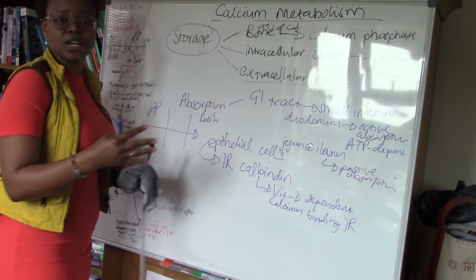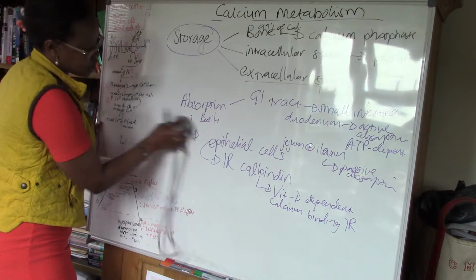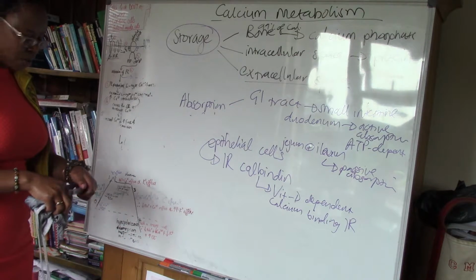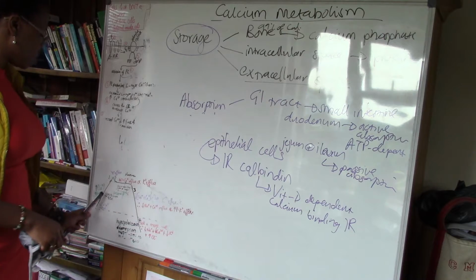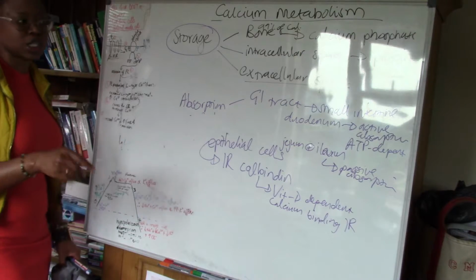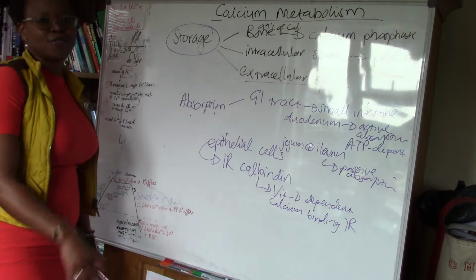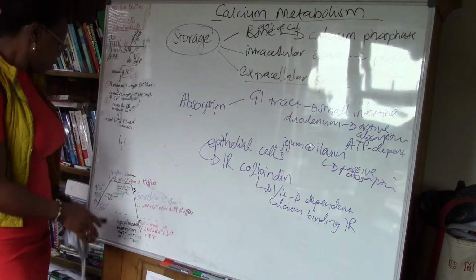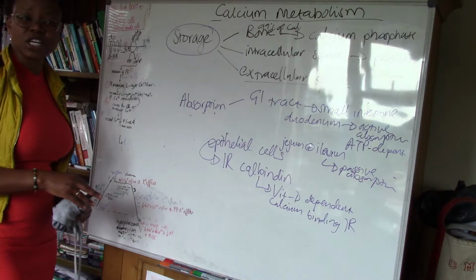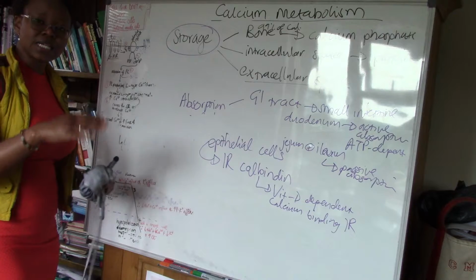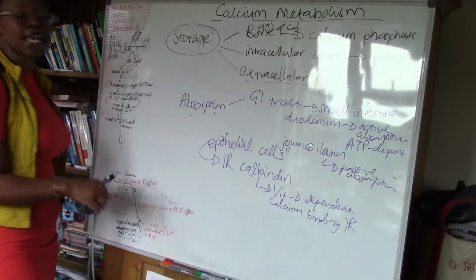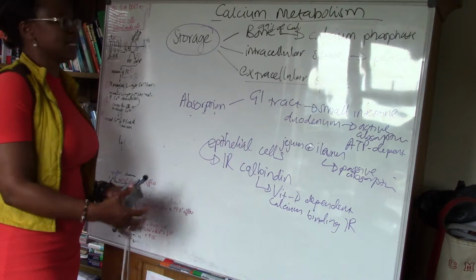Because if it enters the cytosol, it can cause a lot of cellular processes, such as affecting the voltage changes of voltage gated ion channels, and the increased calcium will cause the opening of those channels and the influx of sodium into the cell.